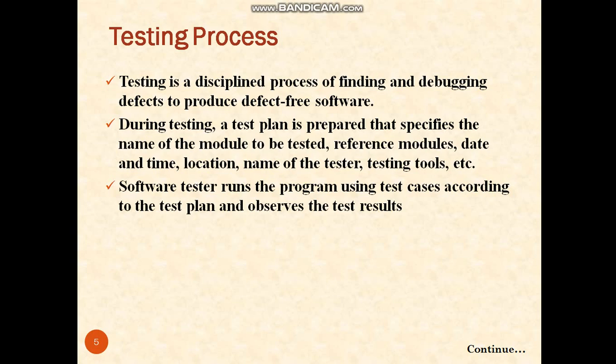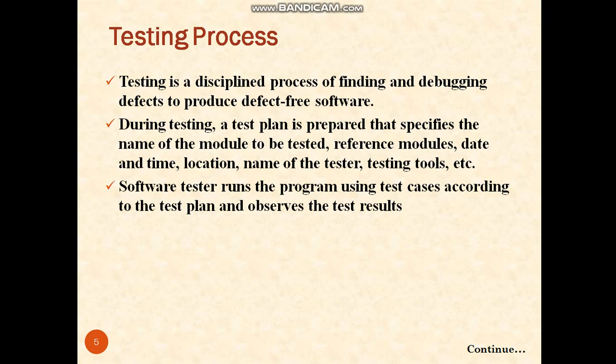During testing, a test plan is prepared that specifies the name of the module to be tested, a reference module, date and time, location, name of the test, testing tools, etc. The software tester runs the program using test cases according to the test plan and observes the test results.